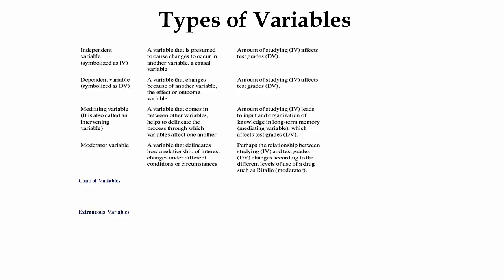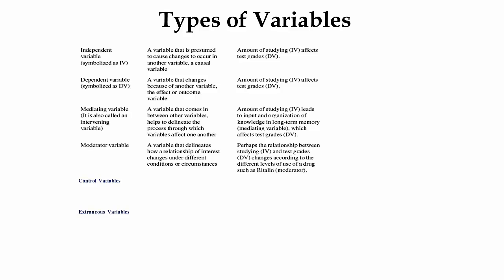The relationship between studying and exam performance changes according to different levels of use of a drug, such as Ritalin, a memory-enhancing drug. Obviously, you couldn't argue that the amount of studying leads to the use of that particular drug, nor that the use of that particular drug leads to improved exam results.